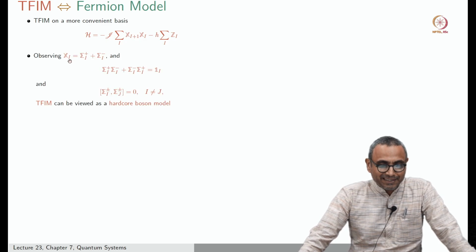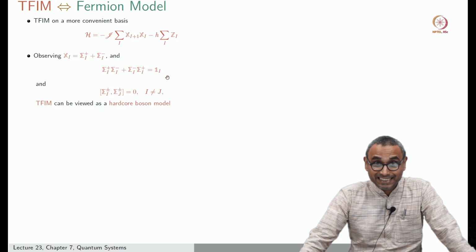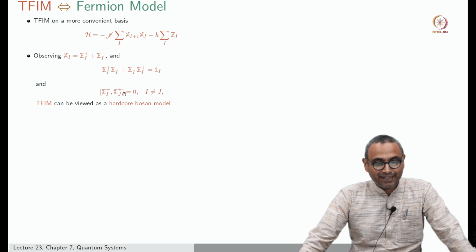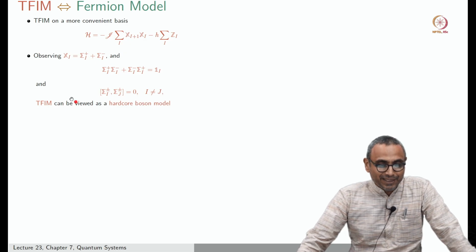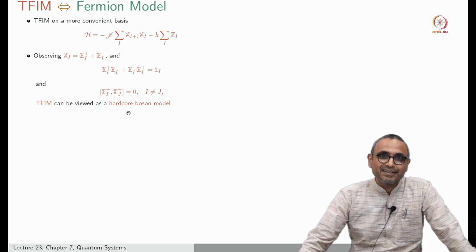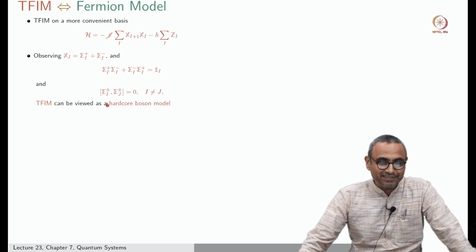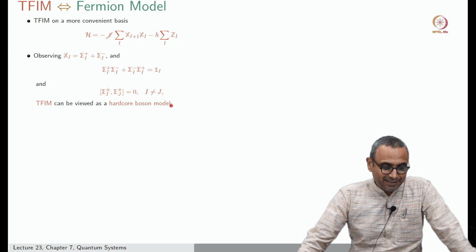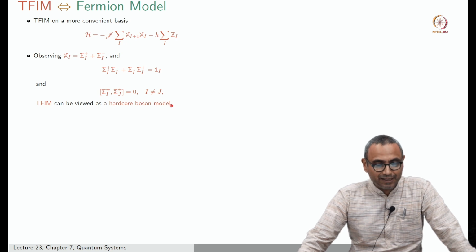Now, observe that X is sigma plus and sigma minus, and that sigma plus sigma minus sigma plus is the identity, and that these quantities commute whenever i is not equal to j. You will see that this transverse field Ising model is simply a restatement, in some notation, of a hardcore boson model. So, the transverse field Ising model can be viewed as a hardcore boson model.